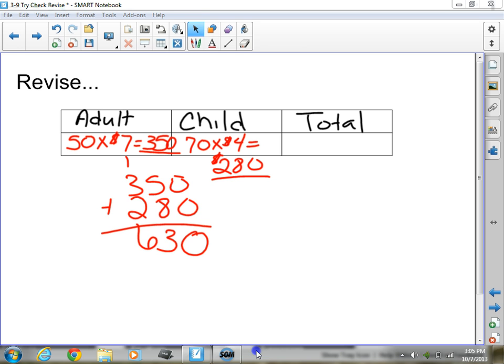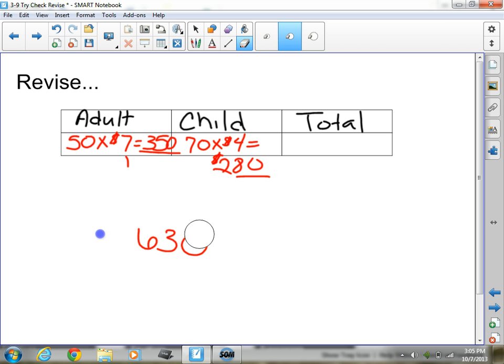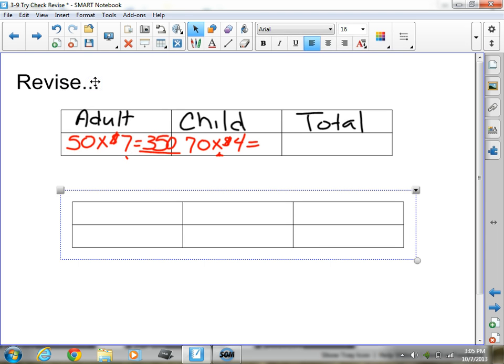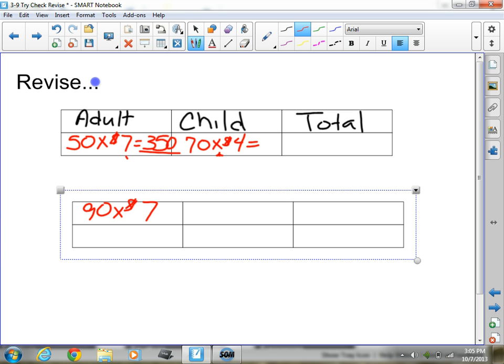So let's add another box and try to get a little closer. Let's try 90. 90 adult tickets times the $7. That would be $630. And that would mean 30 of them would have been the child tickets at $4 each.